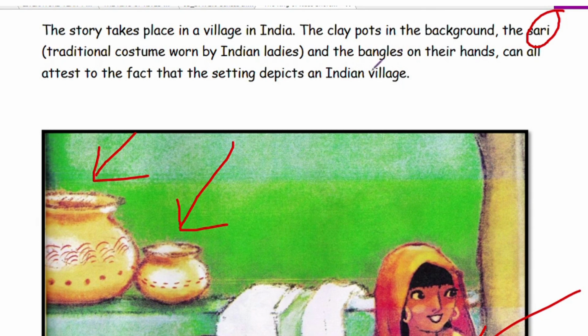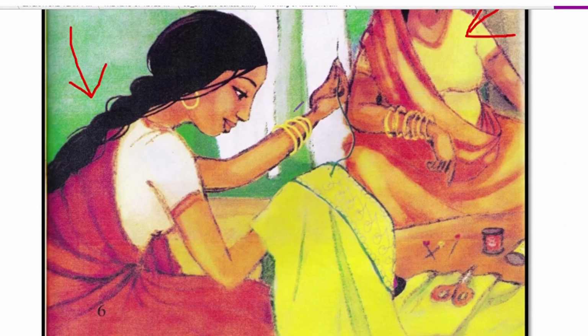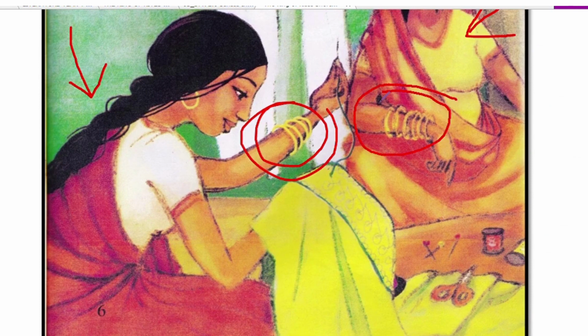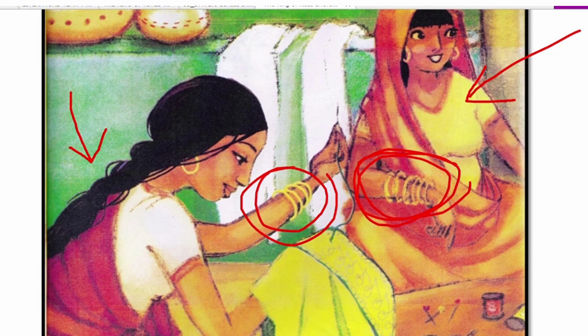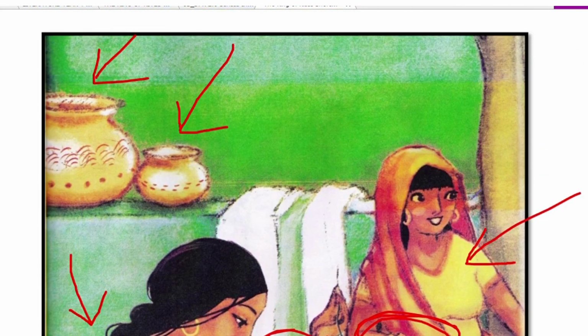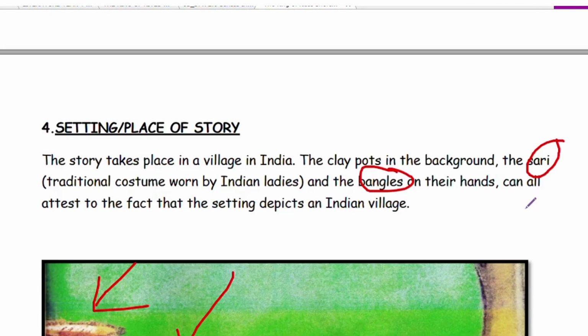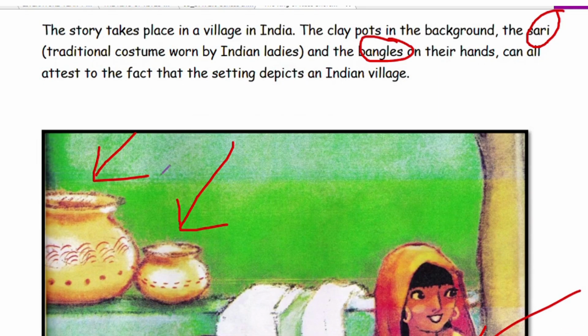What is bangles? Let's see. These are bangles, alright? So you will know that if someone wears these, they wear sari, they wear bangles, they are most probably Indians. And Indians use a lot of clay pots in their life.